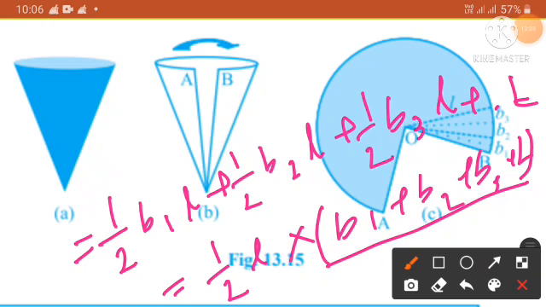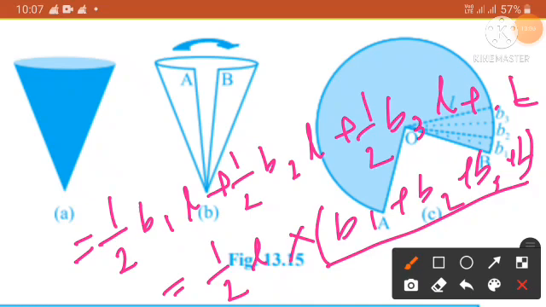Here the circle. As B1, B2, B3, all these make up the curved portion of the figure, the curved portion of the figure makes up the perimeter of the base of the cone, the circumference of the base of the cone.